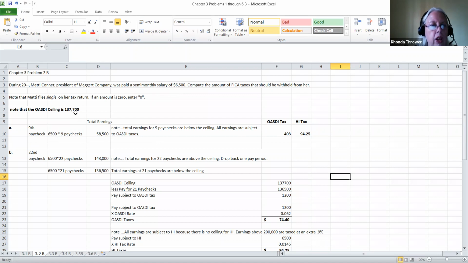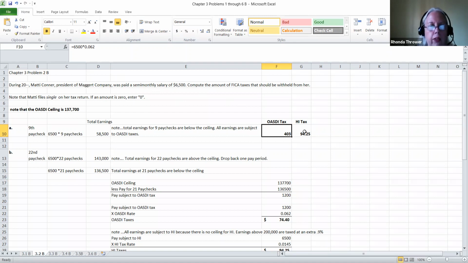Notice this does not go over the base, so all of these earnings are subject to the Social Security tax. But since we're only paying this person for one paycheck, we're going to multiply 6,500 times 6.2% to get the OASDI tax.